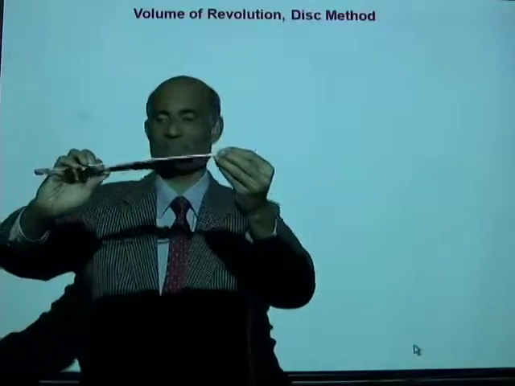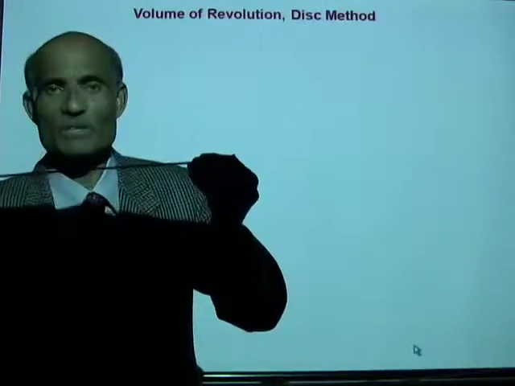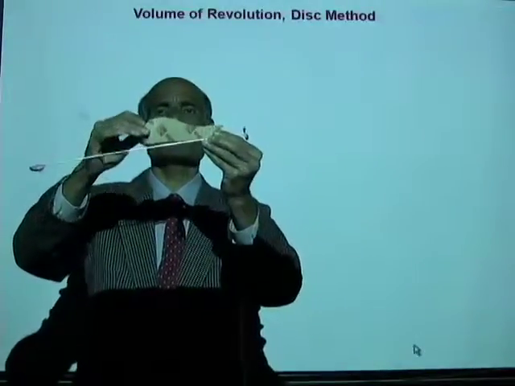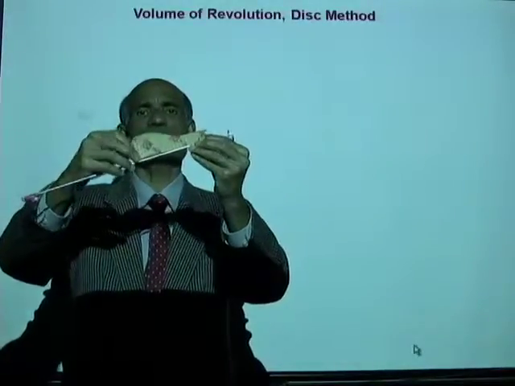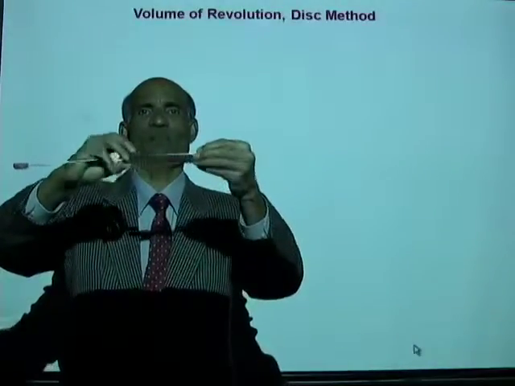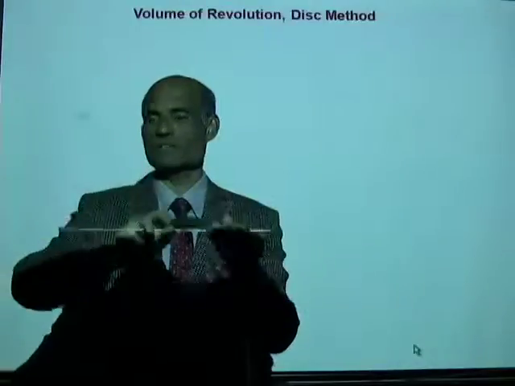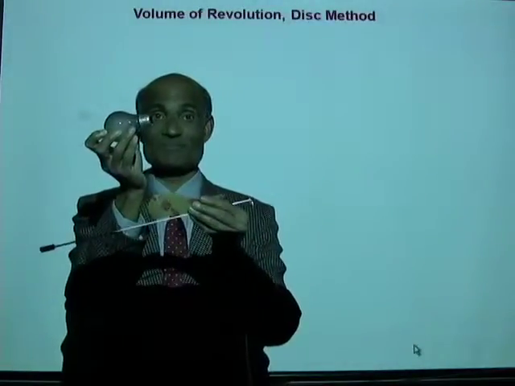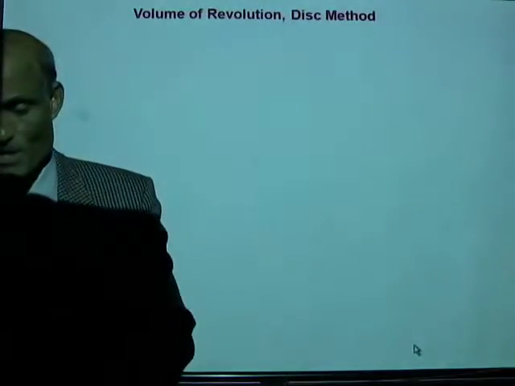Can you visualize? What kind of a solid do we generate if I revolve this area about the x-axis? You should be able to visualize that. We generate something like this. Is that right? Yes. Okay.